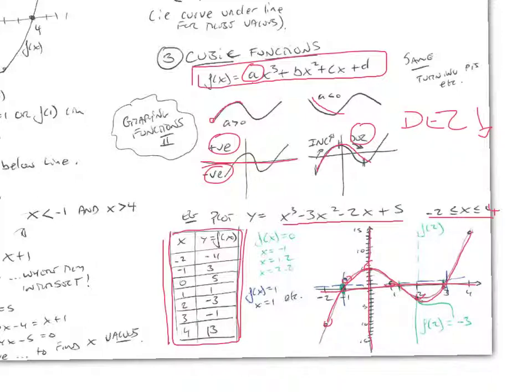To find where f of x equals 0, that is, where does this cubic cut the x-axis, that's at these 3 points here, minus 1, 1.2 and 2.2, and what about f of x equals 1? We just draw a line at y equals 1, and you see the x coordinates where that cuts, and so on.